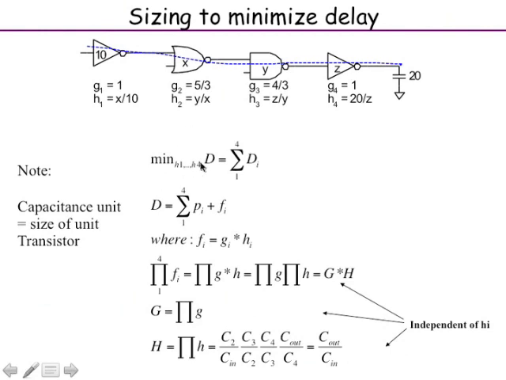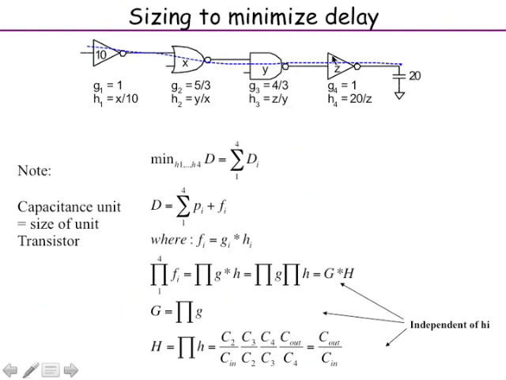If I can find H1 till H4, where each H is the electrical effort. The electrical effort for the final gate is C out by C in. C out is 20, C in is Z, so 20 by Z is H4.